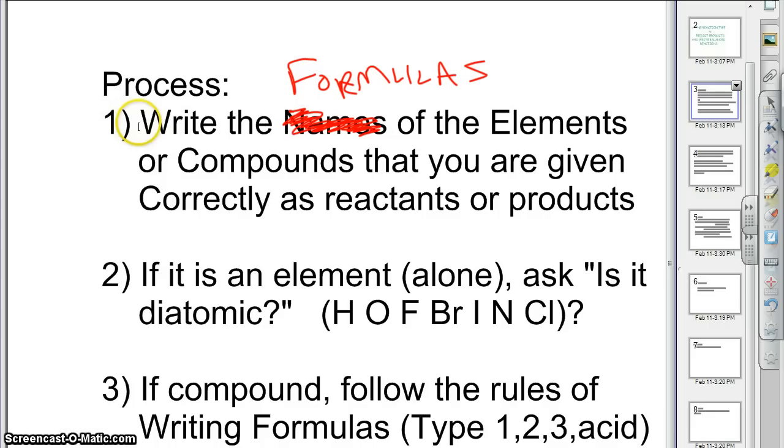I didn't catch that until later, so rather than remaking this entire thing, I'm just butting in here, making that correction. As soon as the video replays, the word formulas will disappear because that's an ink screen thing on the computer. But please make sure to write that down correctly. It is formulas, not names. And now, back to the rest of the video.